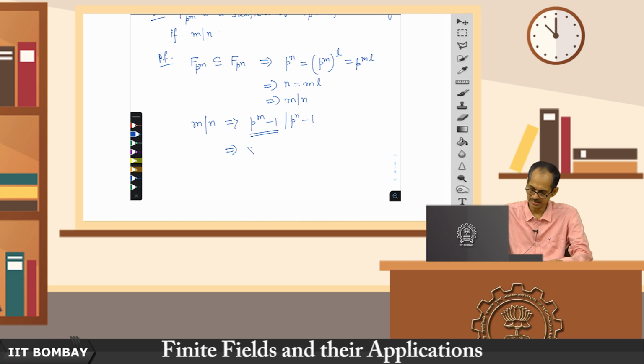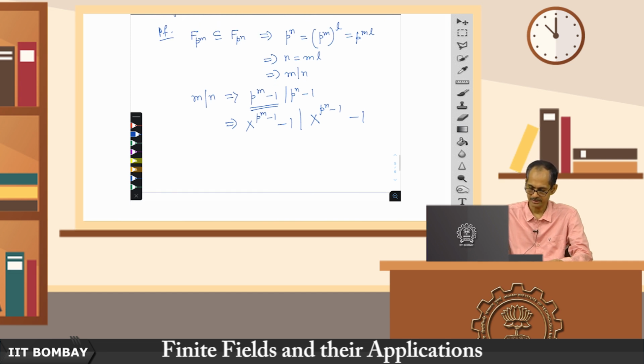Then this also means that x power this minus 1 divides x power the right hand side minus 1, and then if you multiply x to both sides, it gives us x power p power m minus x divides x power p power n minus x. Just multiplied x on both sides.